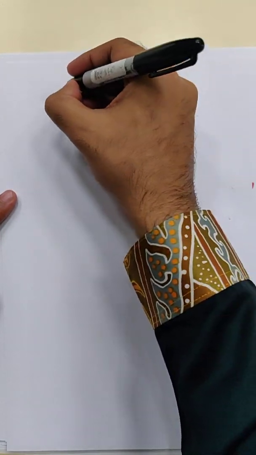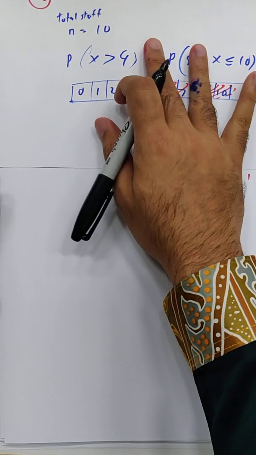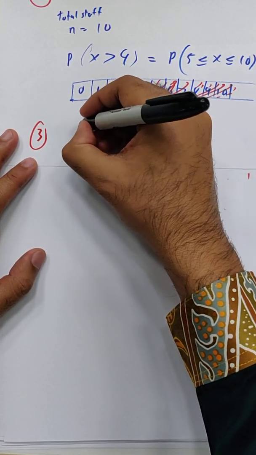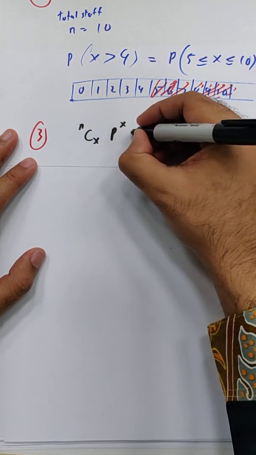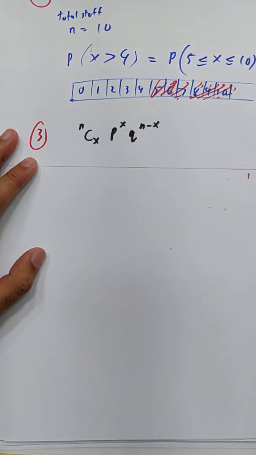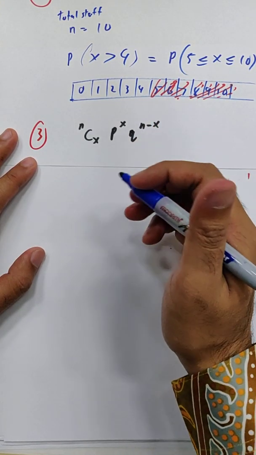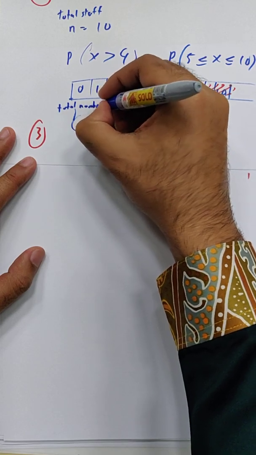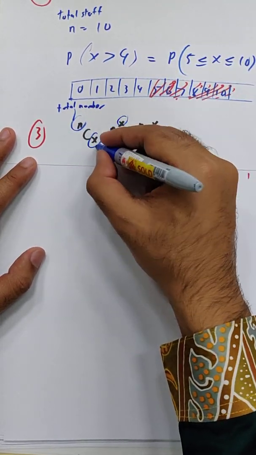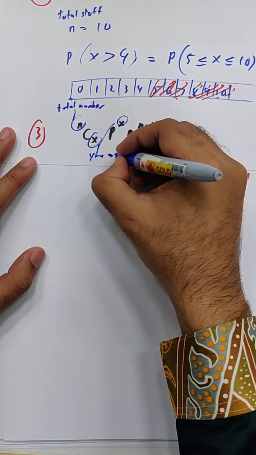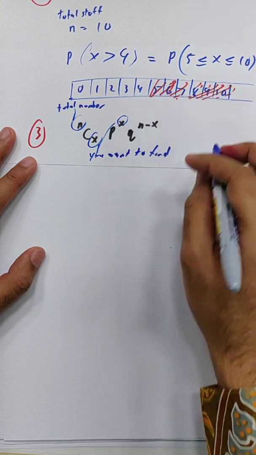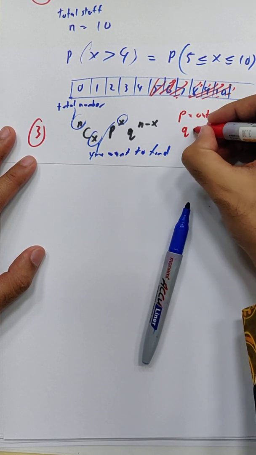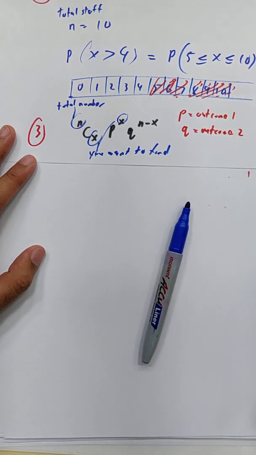So you start, okay, the formula is something like this, I forgot to say. nCx p^x q^(n−x), where n is the total number, x is the thing that you want to find, p is outcome 1, q is outcome 2.